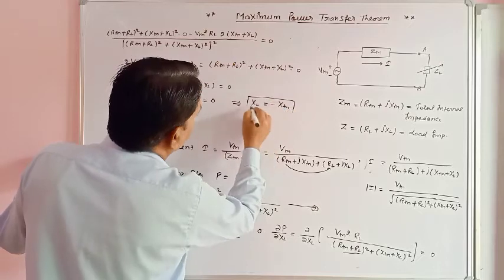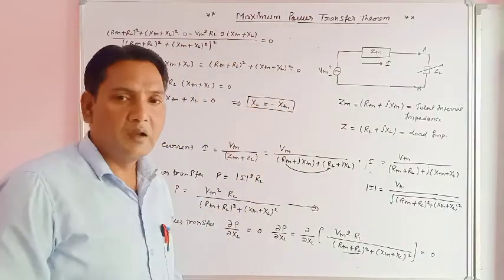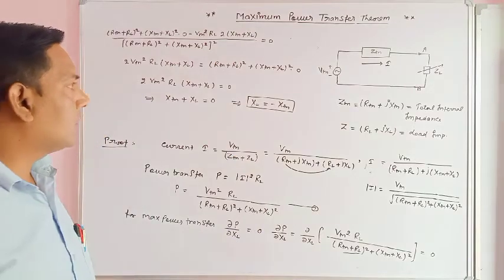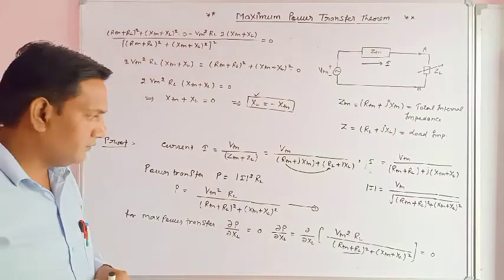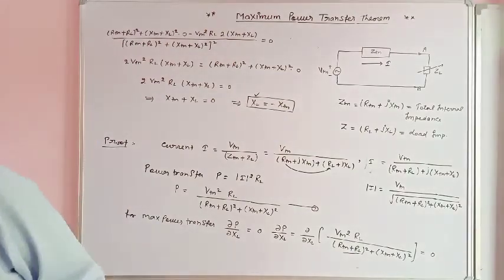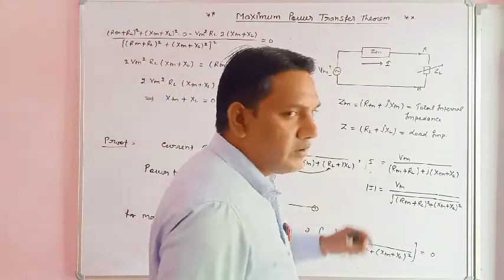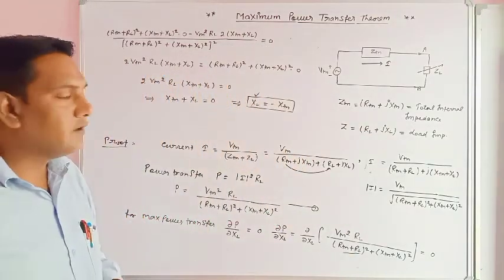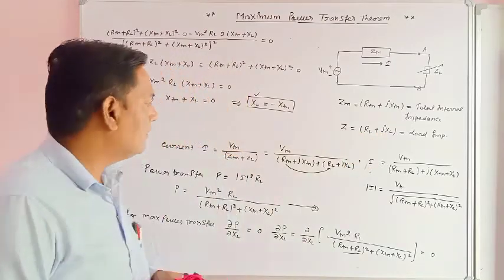So in the first case, we are varying the power with respect to the load reactance, and the condition for the load reactance should be XL equal to minus XTH. Now the second parameter that we are varying is the load resistance, so we also have to work out the result for the load resistance RL.